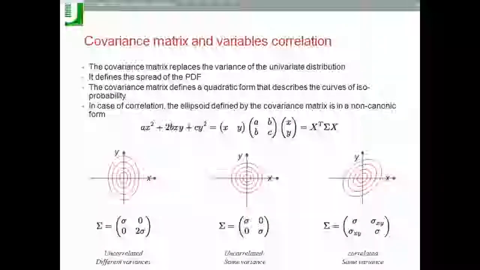And the covariance matrix is the important subject of this story, because the covariance matrix carries the correlation between the variables.